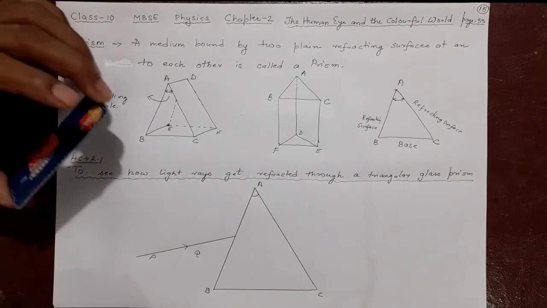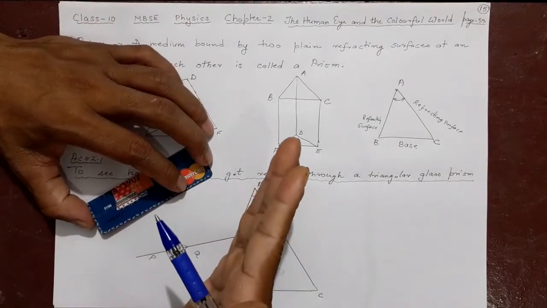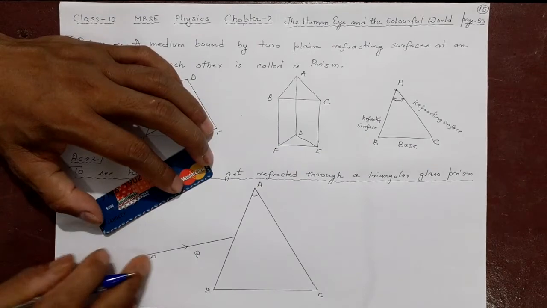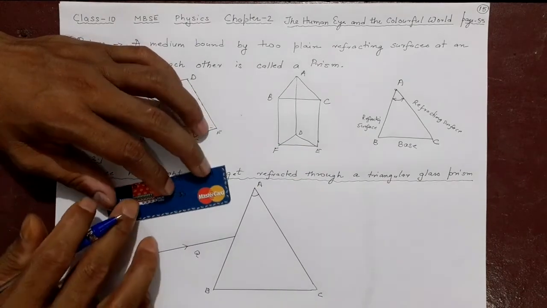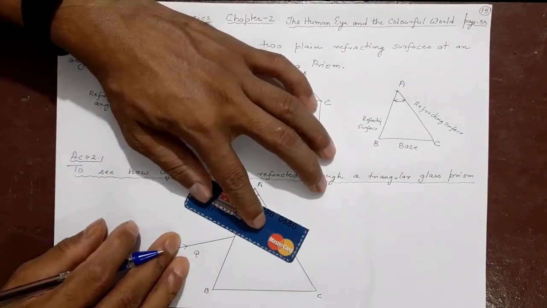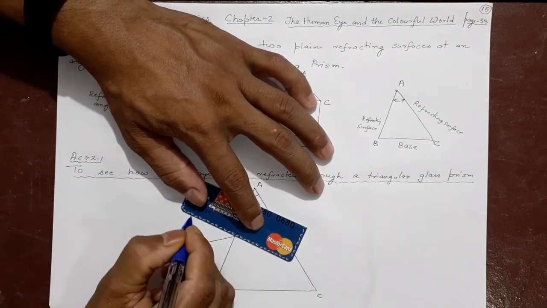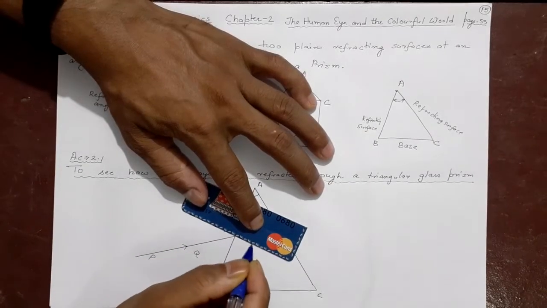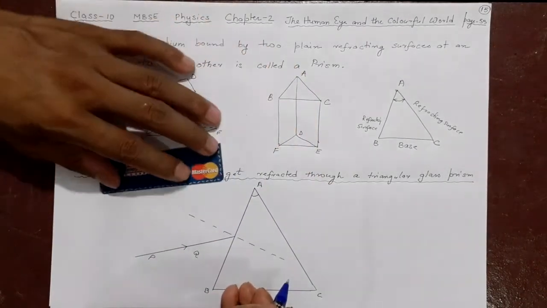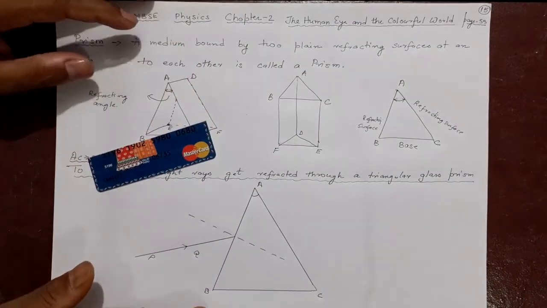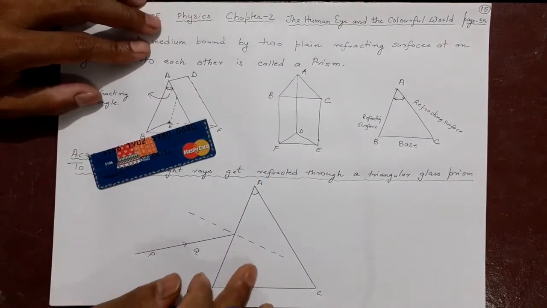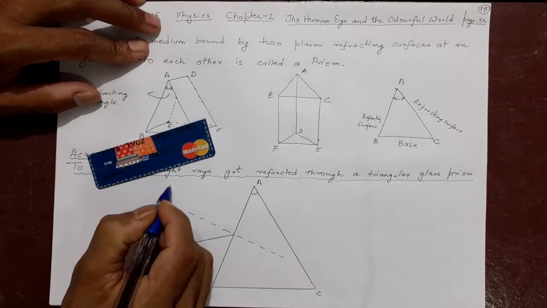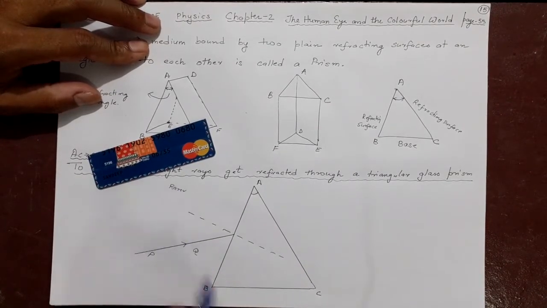Now when it enters from this wall, you have to apply your previous knowledge: suppose this is the perpendicular. This is called the normal. Air is the rarer medium, and glass is the denser medium.